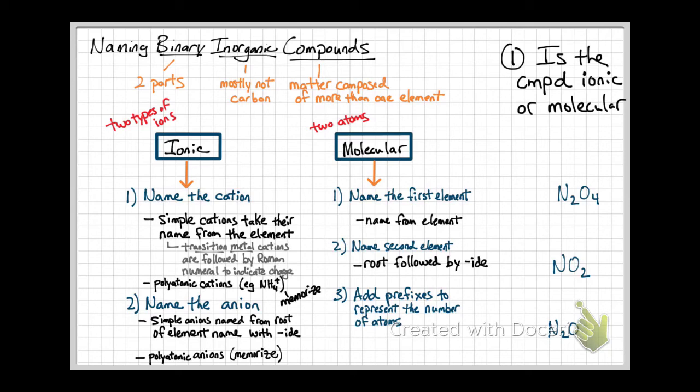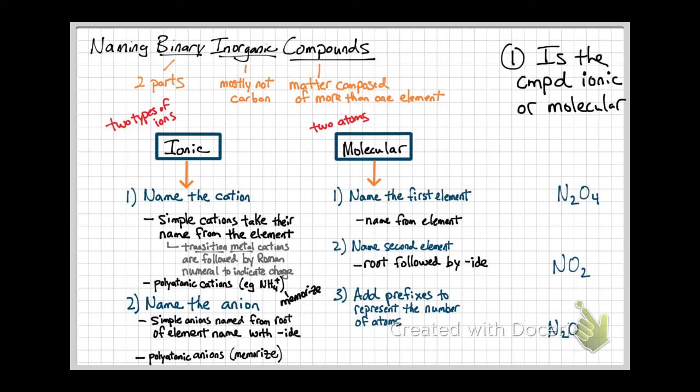They're going to have relatively fixed proportions. But for molecular compounds, it can vary quite a bit, as we see in the example of these nitrogen and oxygen compounds on the right. So the prefixes are going to allow us to distinguish between these different types.